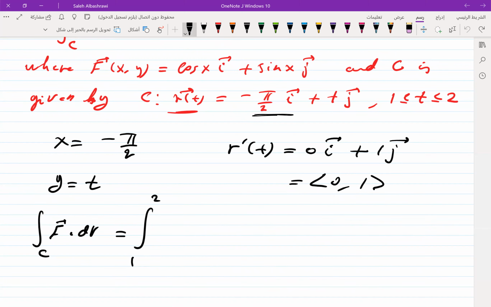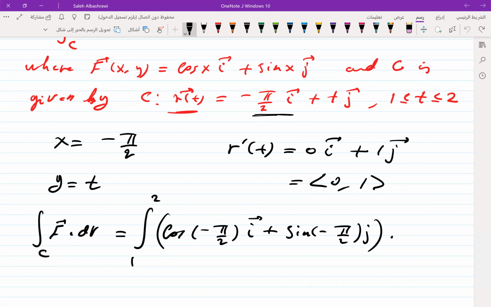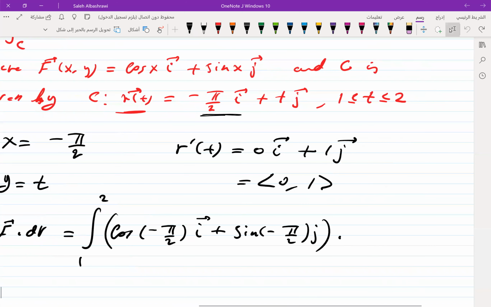So this will be cosine of minus pi over 2 i plus sine of minus pi over 2 j, dot product with j only, dt.